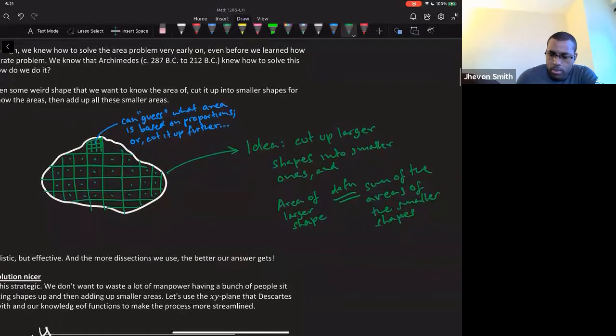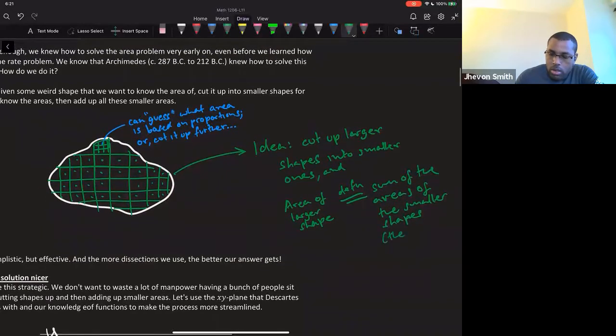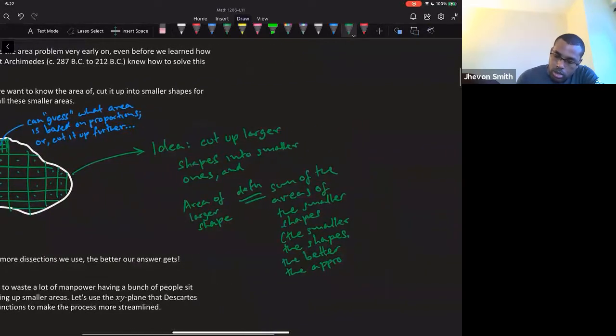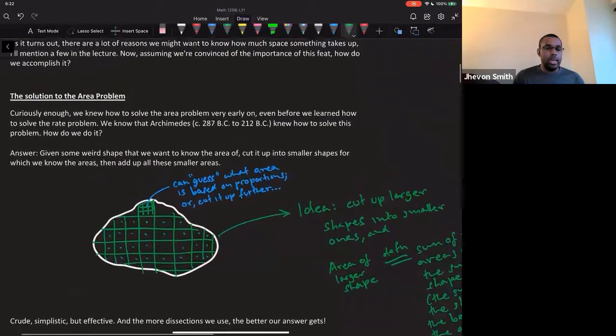And the smaller the shapes, the better the approximation. Okay, so that's basically the idea, right?